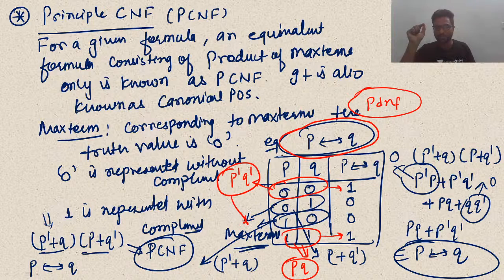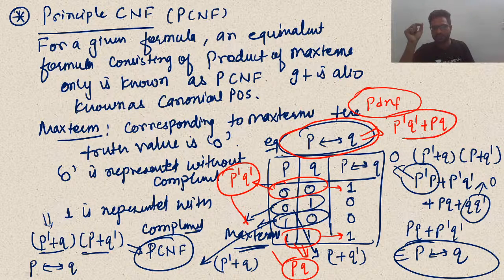That means these two are min terms. So if we write this, it will be a sum of min terms: P dash Q dash plus PQ. So this function can be written like this only, and that is the PDNF form also.